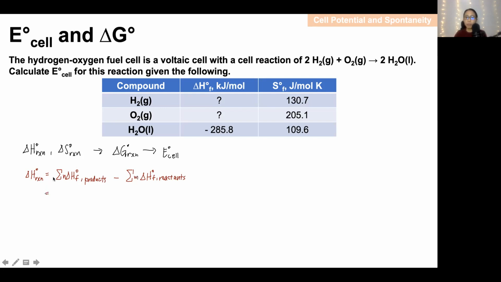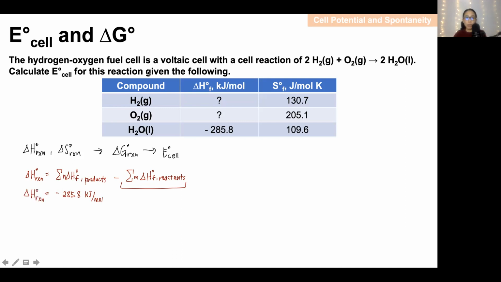Okay, so we have liquid water as our product. So that would be negative 285.8 kilojoules per mole. And that's it, because the reactants are reference elements. So this summation is equal to 0. So this is our delta H naught reaction.